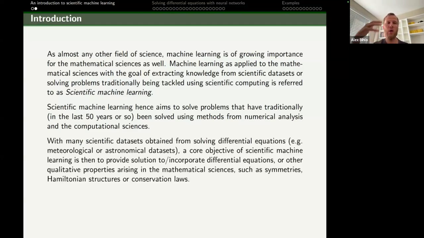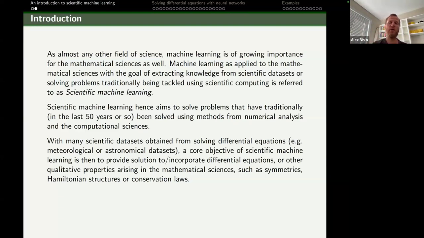And so what's the relation between scientific machine learning and solving differential equations? Well, most of the models of, say, physics, meteorology, astronomy, are encapsulated using differential equations. So if, rather than solving differential equations with standard numerical schemes, you want to use machine learning, then you have to use things like physics-informed neural networks.